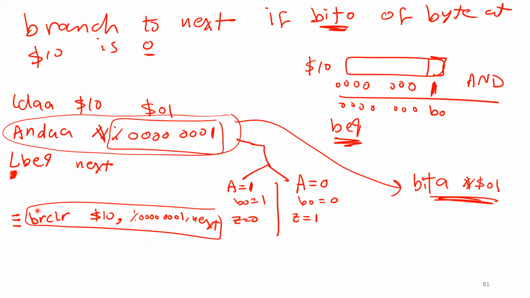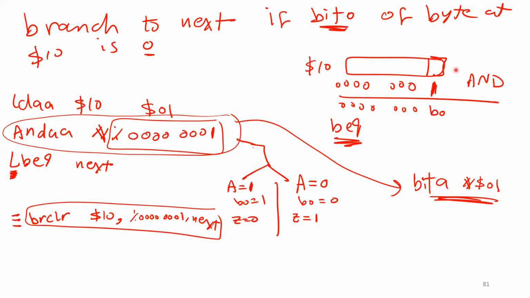Now, how can I do the same thing as this one, but using the AND operation? Look here, guys. This is the byte at memory location number 10, and I want to check this bit. To do that, I put 1 here and 0 everywhere else, so I mask these bits because I don't care about them.